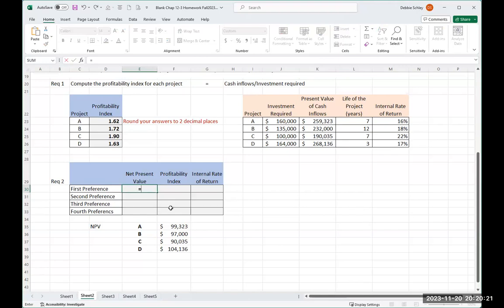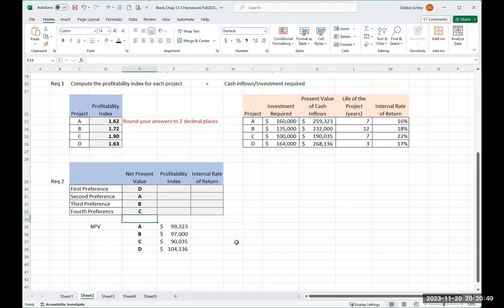So the first preference is going to be the 104,036. And then next is going to be A at 99,323. And then next will be the 97,000. So that will be B. And then obviously the last will be C. That's the only one left.